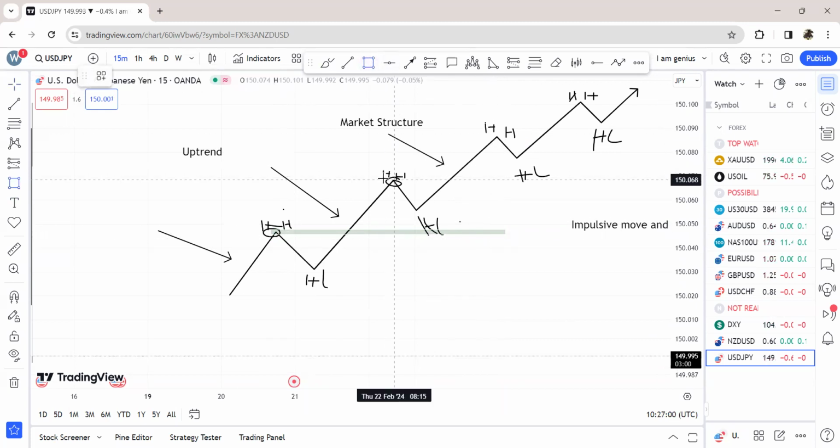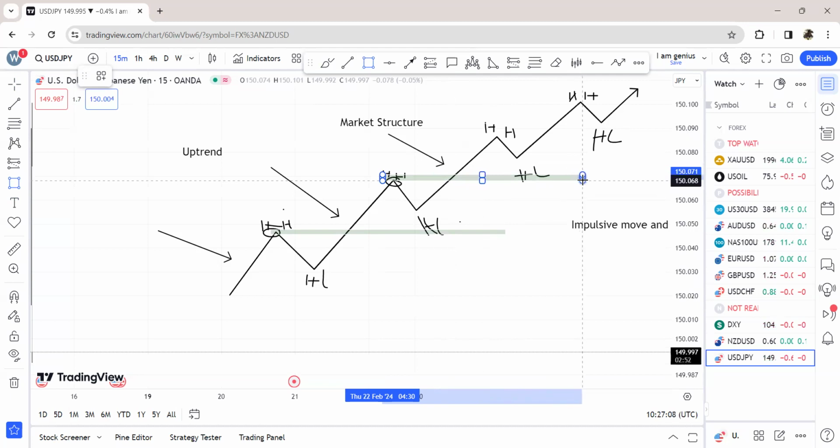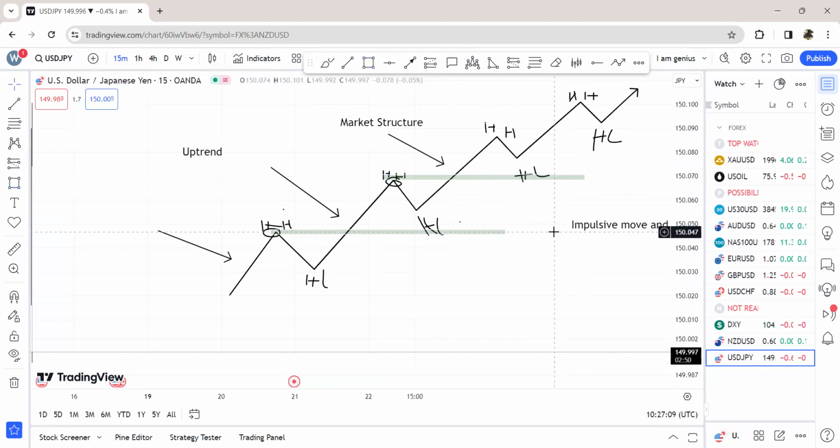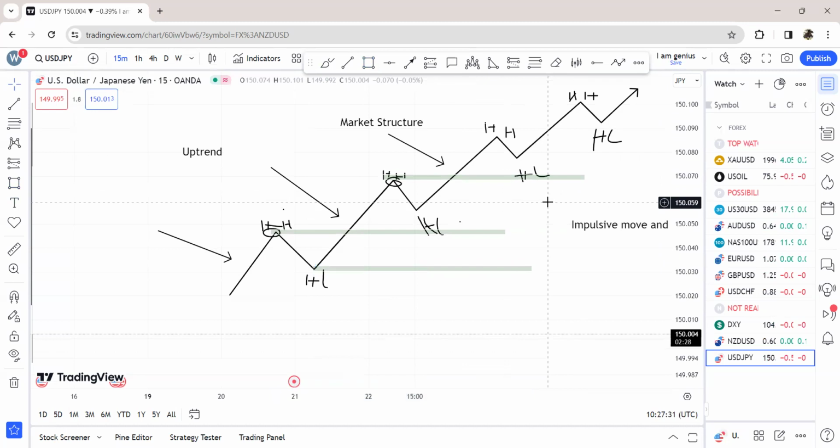Also, if I move this here, that becomes my resistance level. Sorry, I was saying support. Support is these other ones here, the lows. Think of it as floors and ceilings, or like the roof. It means on the bottom side you have your support, on the top part you have your resistance.